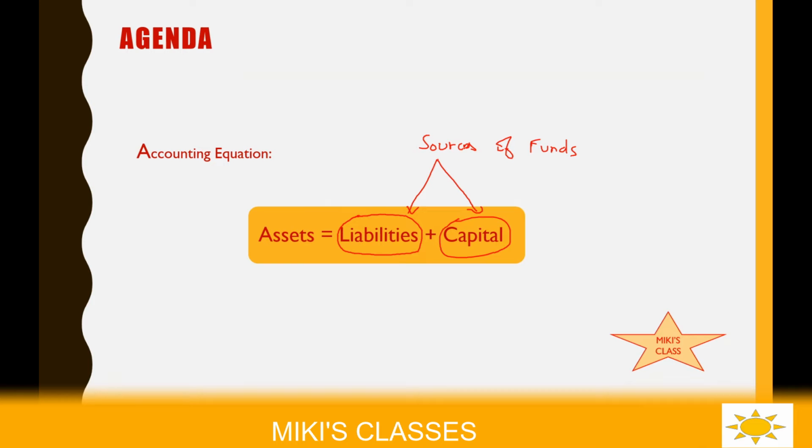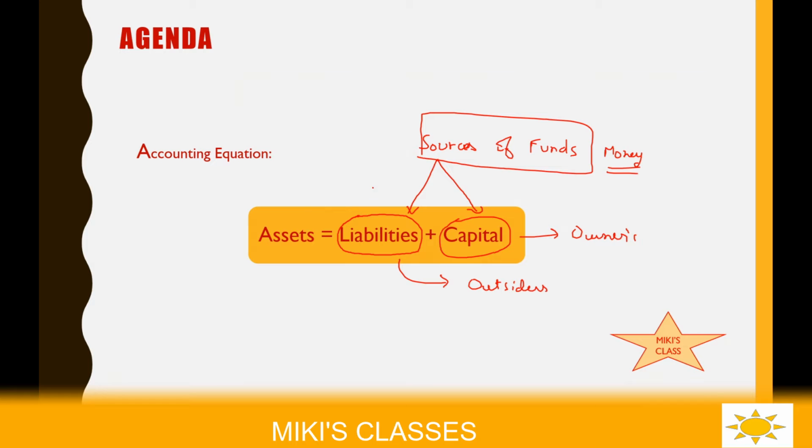Both of these provide money to the business. Money flows into the business, right? Capital is what the owners put into the business. Liability is what outsiders put into the business, isn't it? So both of these are sources of funds.